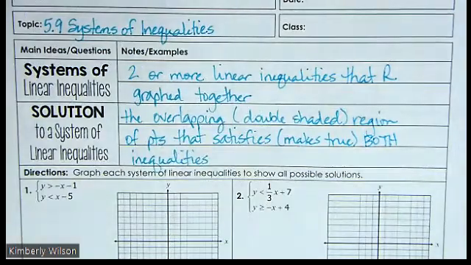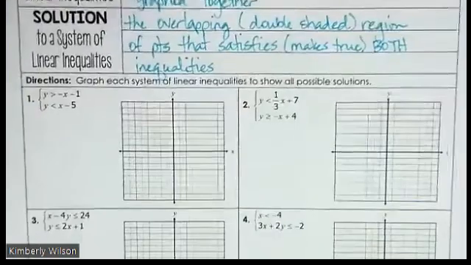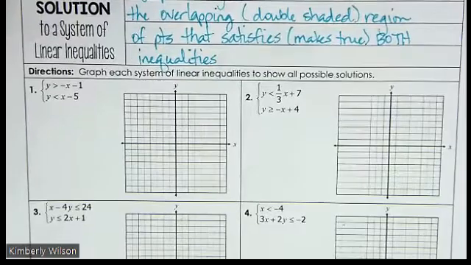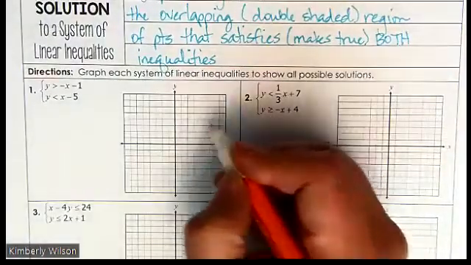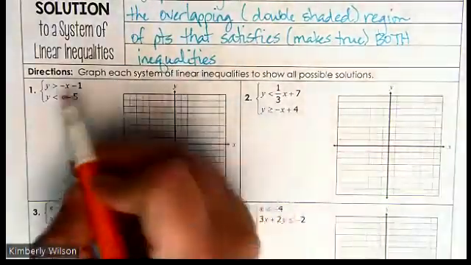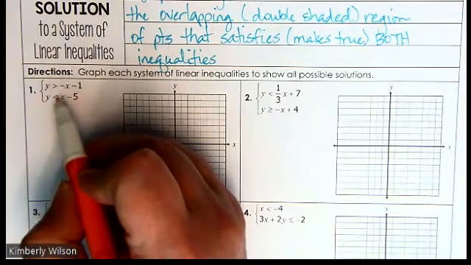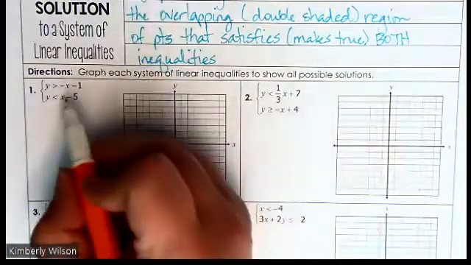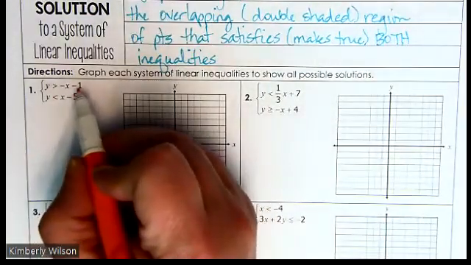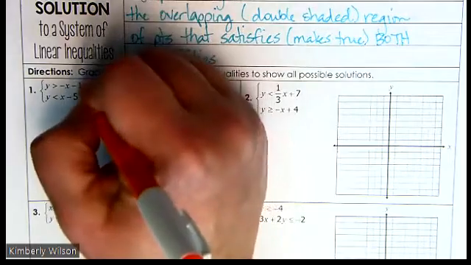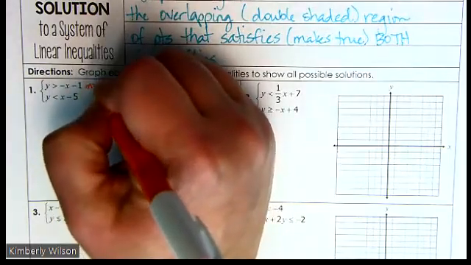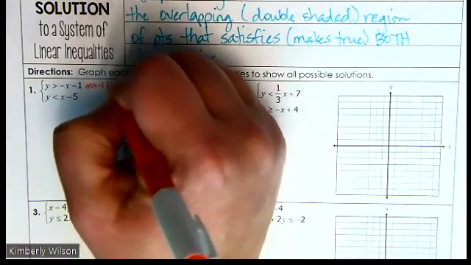All right, so let's see what that looks like when we actually graph. Okay, so for number one, it's great when it's already in y equals mx plus b form, which these nicely are. We've got to remember our rules. Both are going to be dashed lines because there's no equal to bars. I always start with my y-intercept first. So I have m equals -1, b equals -1.